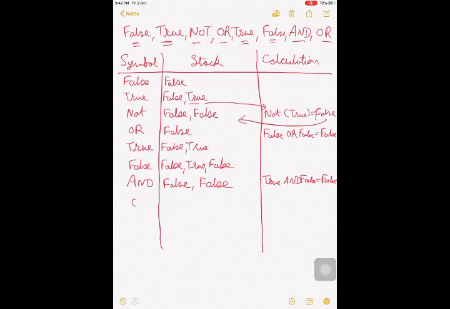And at the last we have the OR operator. So we'll write false or false equals false, and we get the answer as false. So this is how we do the calculation and get the result in the problem of postfix expression where true, false and logical operators are included.